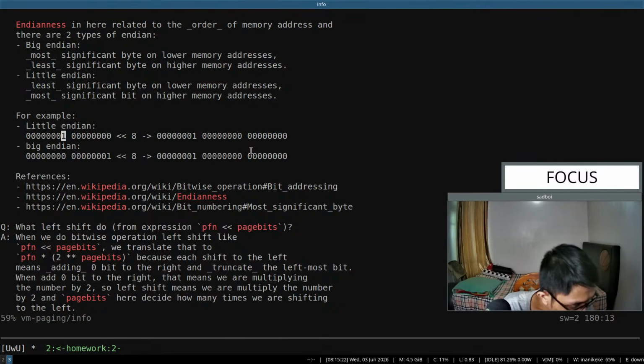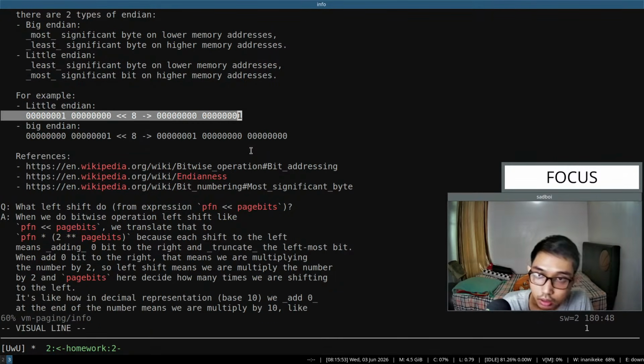Okay. Before shift and after shift. Oh, so the byte is still 2. Okay. So we are shifting this, and then this becomes something like this. Is that it? Oh.